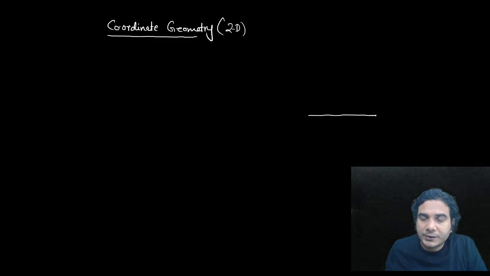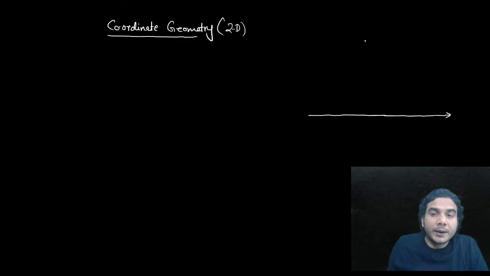You know, in 2D means 2 dimensions, right? So you have 2 dimensions. If you draw this line, then in this direction you can measure distances only in one direction. But if you have another direction, then you can point out any point in this plane.